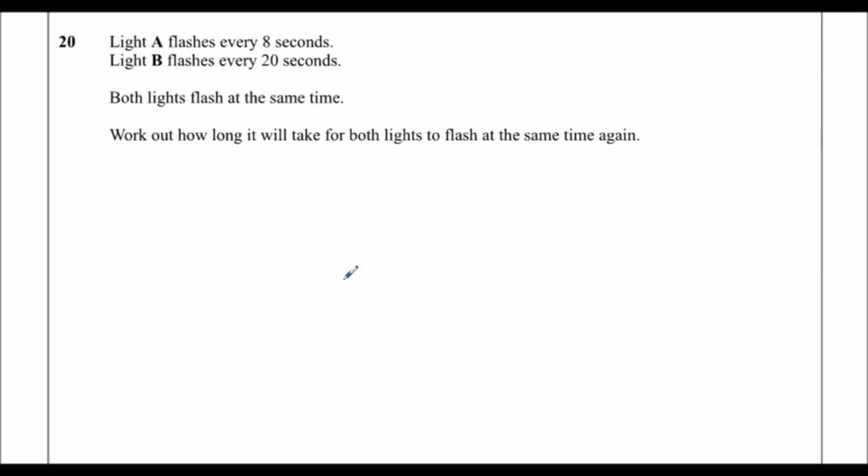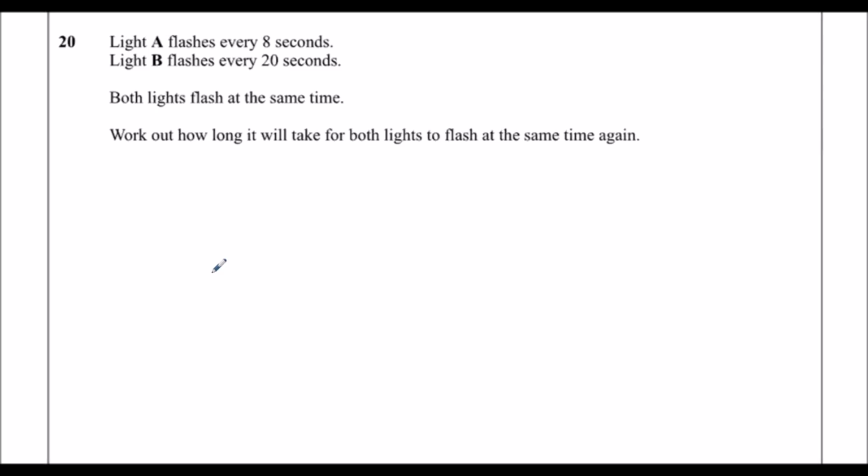Question 20. Light A flashes every 8 seconds. Light B flashes every 20 seconds. Both lights flash at the same time. Work out how long it will take for both lights to flash at the same time again. So this is a lowest common multiple question.